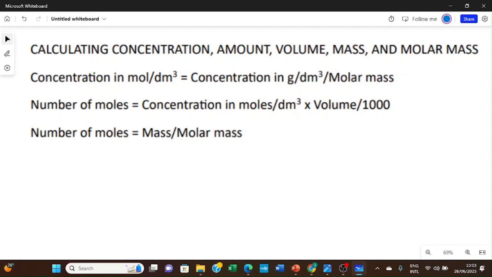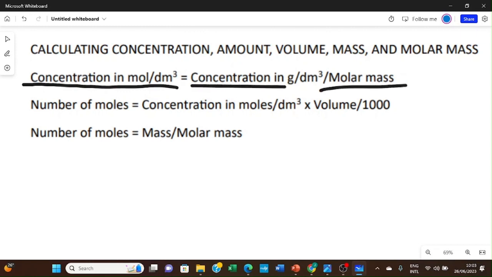We just consider concentration in mole per dm cube and concentration in gram per dm cube. Now, in calculating concentration, amount, volume, mass, and molar mass, they are simple as ABC. We just need to link them up with formulas. For example, concentration in mole per dm cube is equal to concentration in gram per dm cube divided by molar mass.